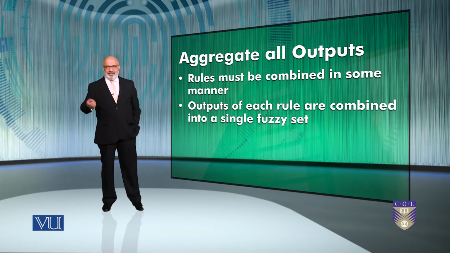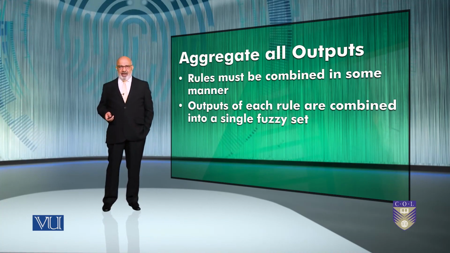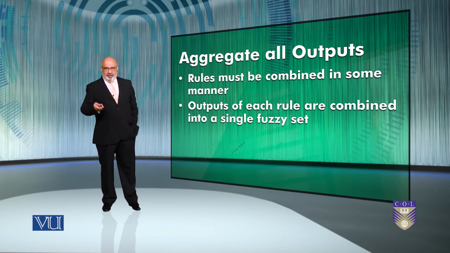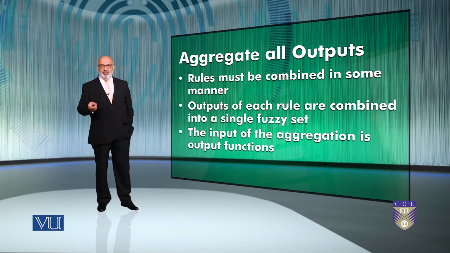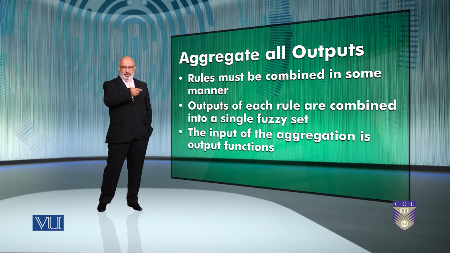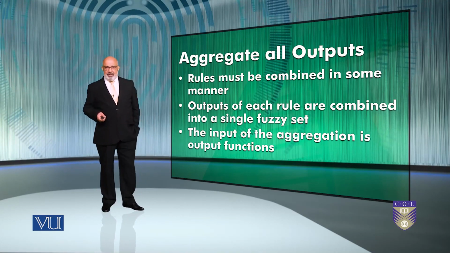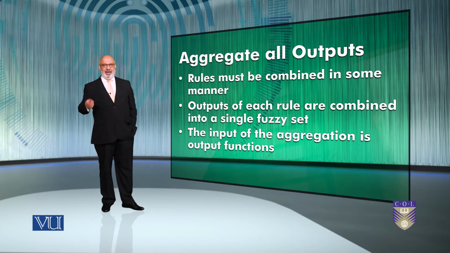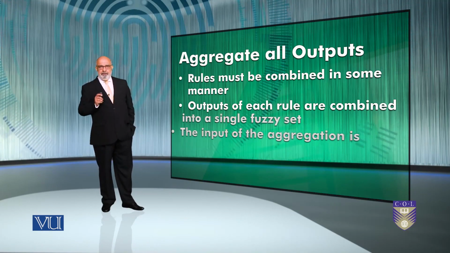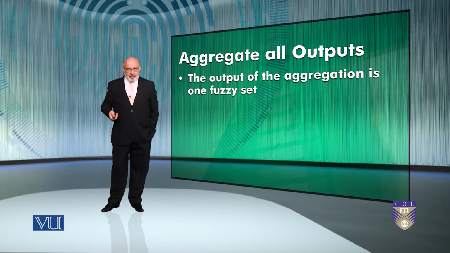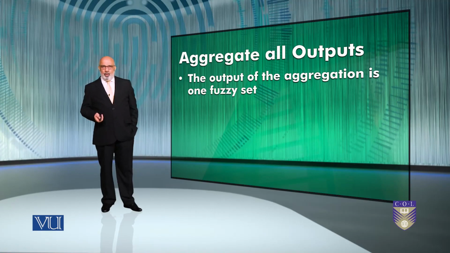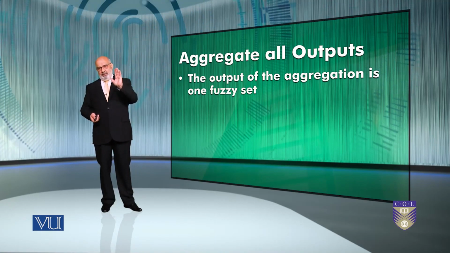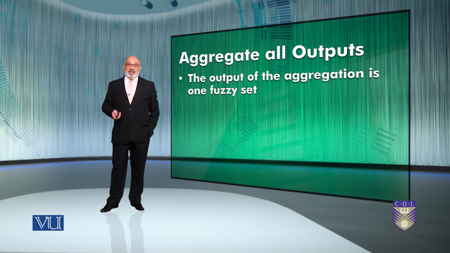And it only occurs once for each output variable, just prior to the final step of defuzzification. So the input of the aggregation process is the list of the outputs received after applying the implication process for each rule, and the output of the aggregation process is one fuzzy set for each output variable, which is only one, in this case the tip that you want to give.